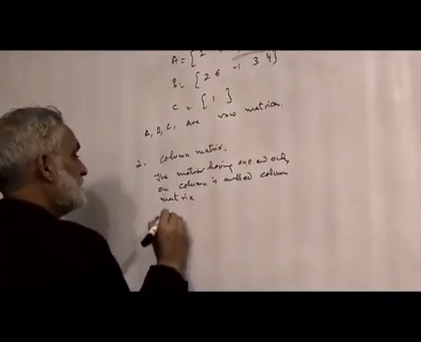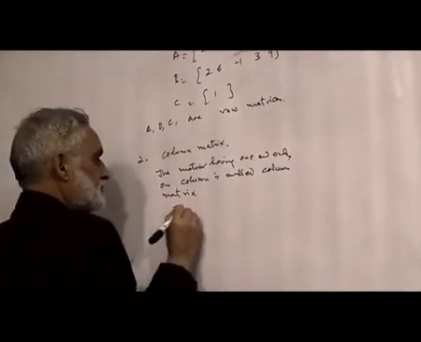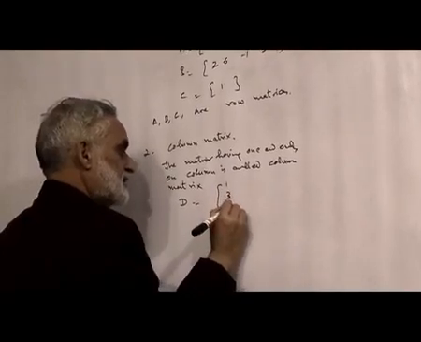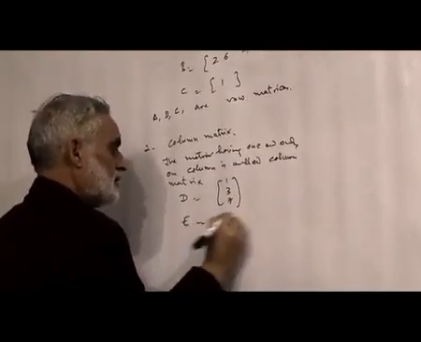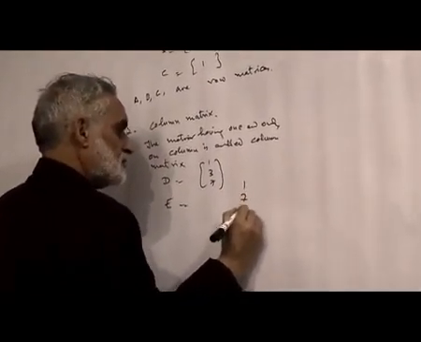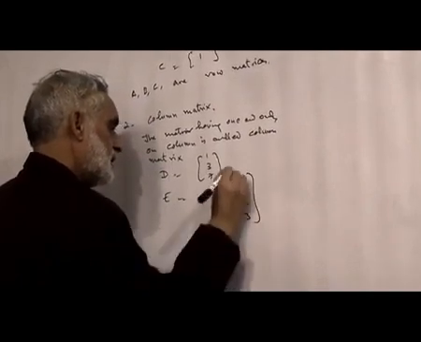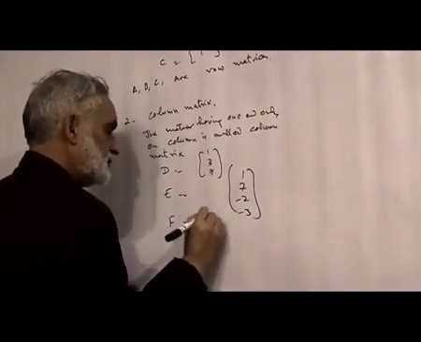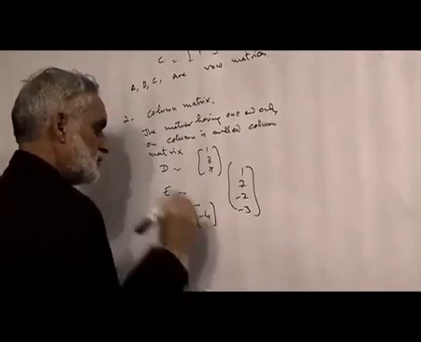So examples are D, 1, 3, 7. E, 1, 7, minus 2, minus 3, and F, minus 4, suppose.